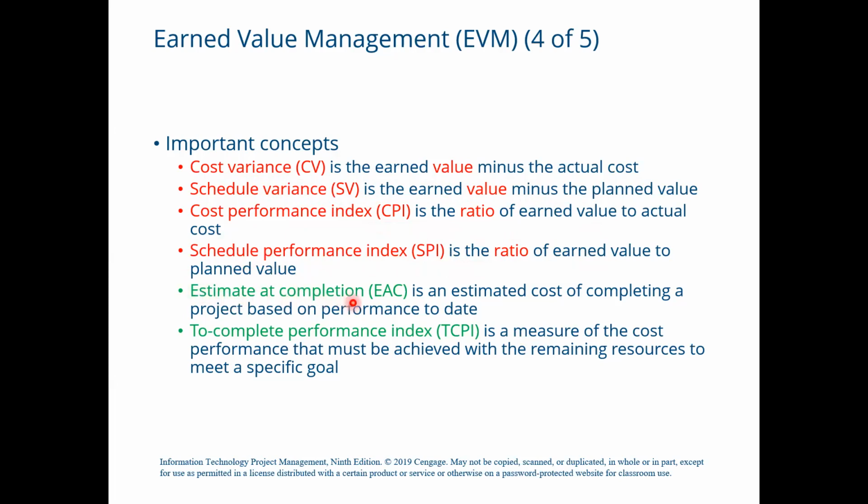Then estimate at completion, EAC, is an estimated cost of completing a project based on performance to date. To complete performance index, TCPI, is another measure of the cost performance that must be achieved with the remaining resources to meet a specific goal.